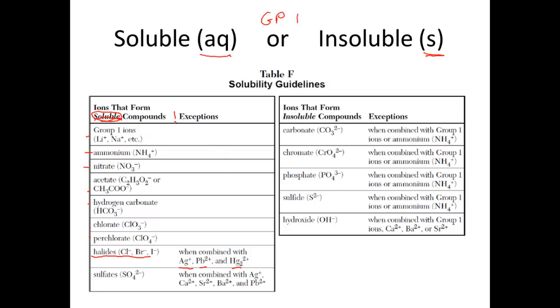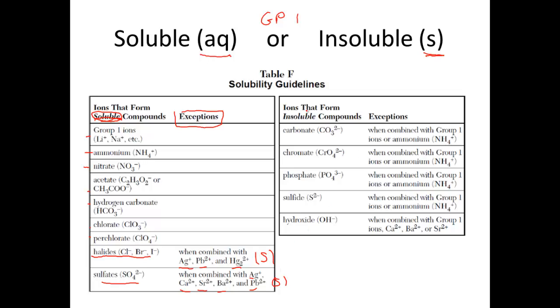These are the exceptions, which would mean that these would be solids, or a precipitate would be formed. Sulfates, SO4s, are all soluble except when they're combined with sodium, strontium, barium, lead, or silver. Again, they would also form solids when combined.